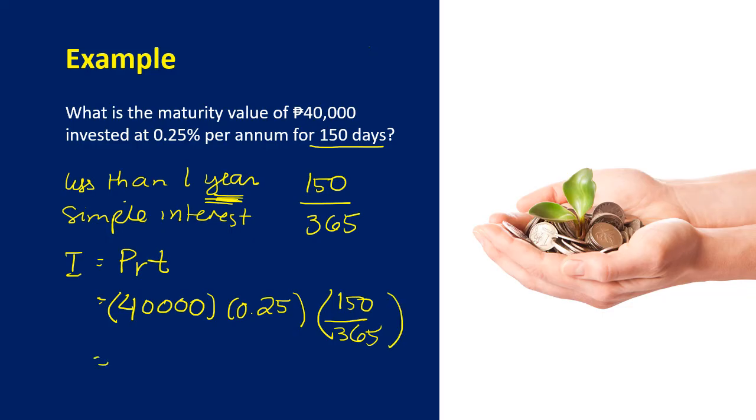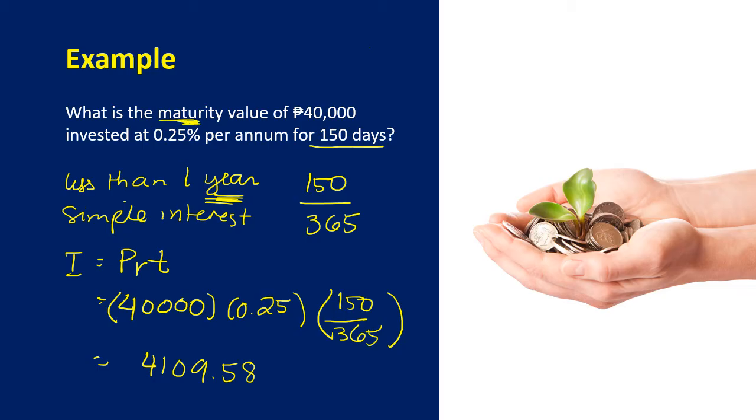So when we use our calculator, what is that equal to? 40,000 times 0.25 times 150 over 365. So you get 4,109.58.